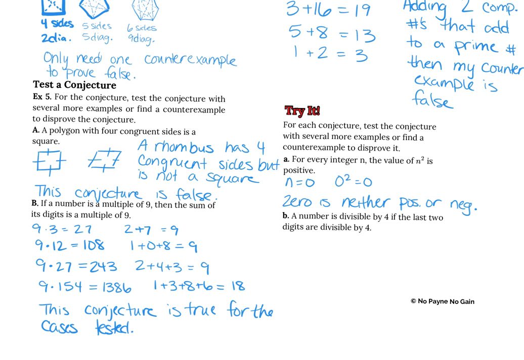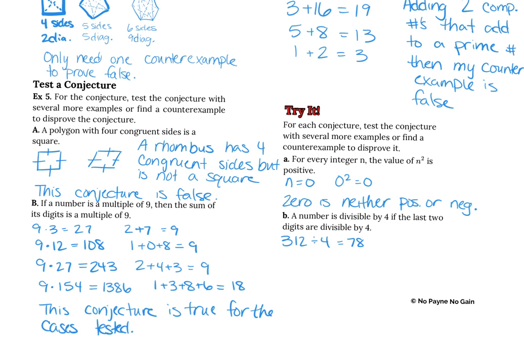All right, B, a number is divided by 4 if the last 2 digits are divisible by 4. All right, so I'm going to take a number and divide it by 4. And we want to make sure that our last 2 numbers are divisible by 4. Okay, so I took that divided by 4, I get 78.